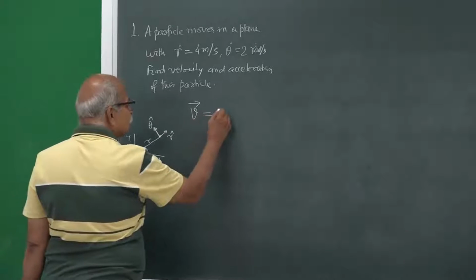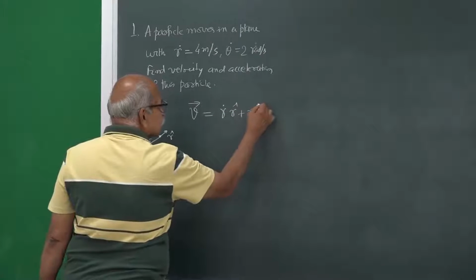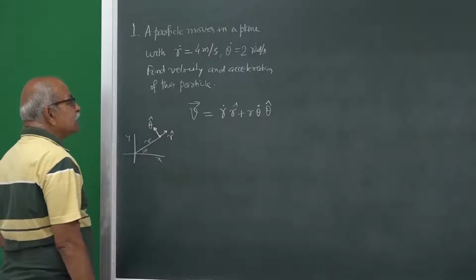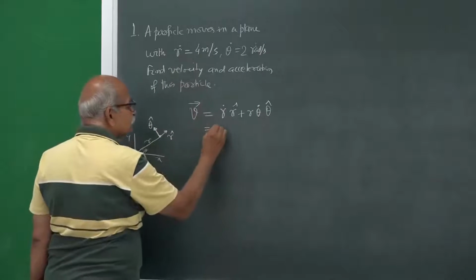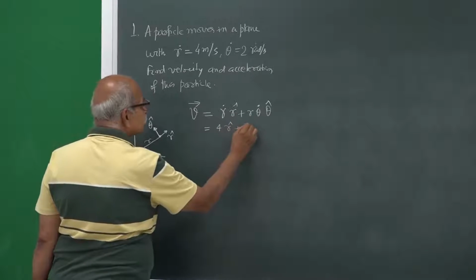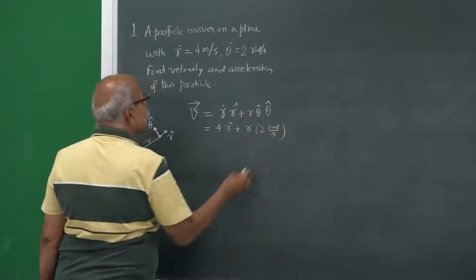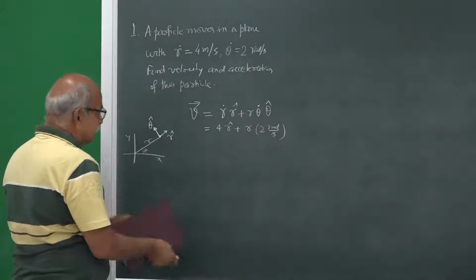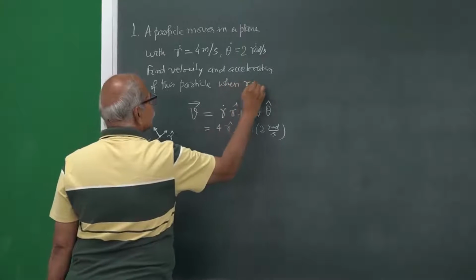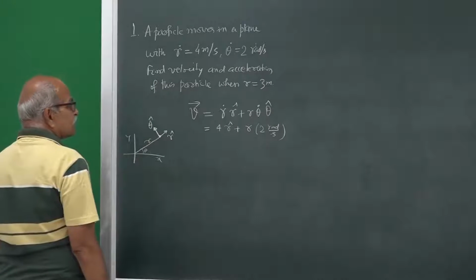So, v is equal to r dot r cap plus r theta dot theta cap. That is the expression for velocity, and r dot is given here, 4 meter per second, and theta dot is given 2 radian per second, when r is 3 meters. So, that is also in the question: find the velocity and acceleration of this particle when r is 3 meters.